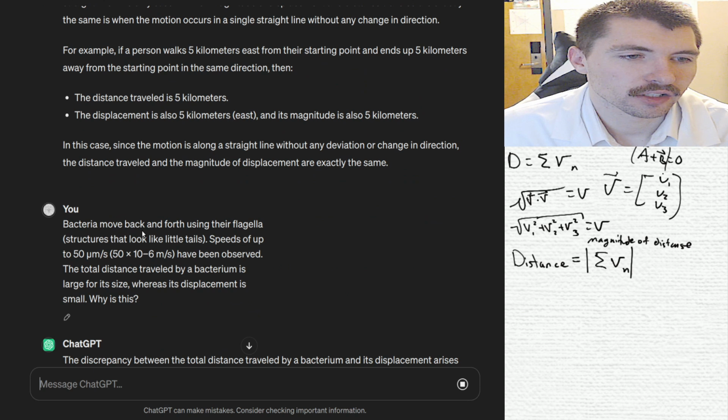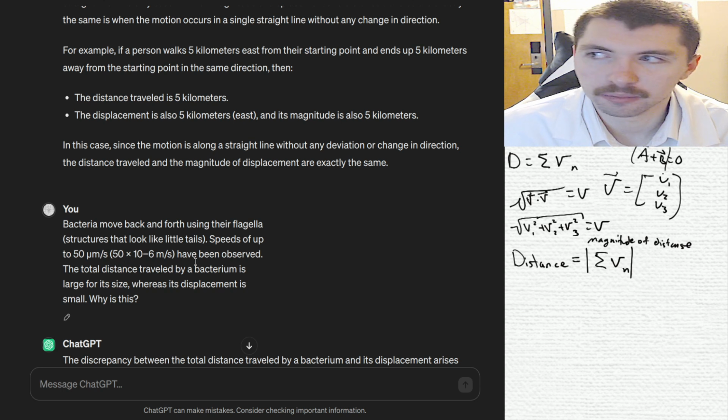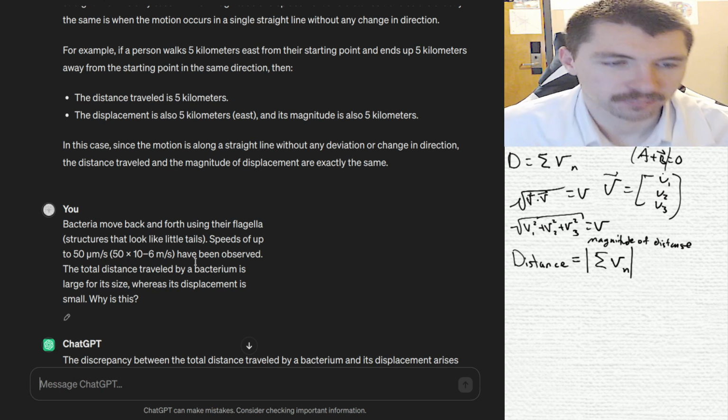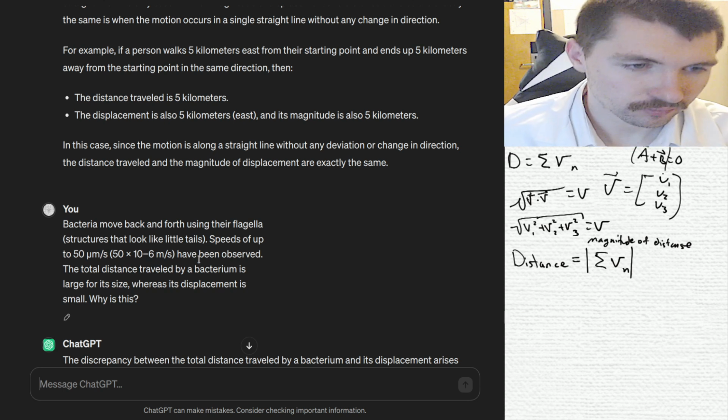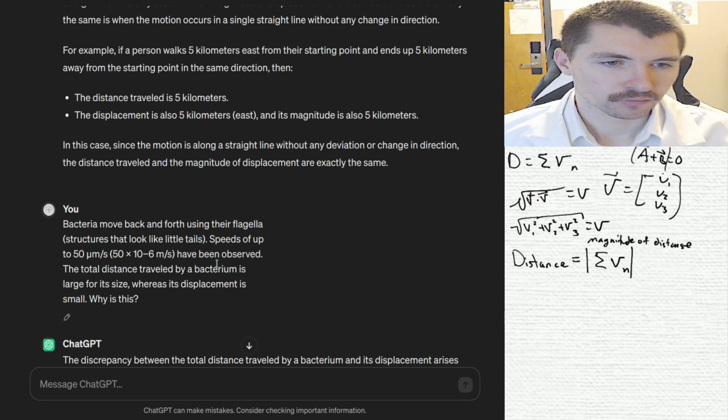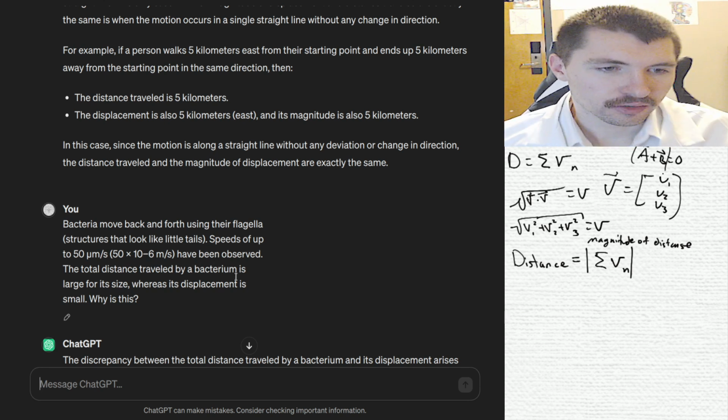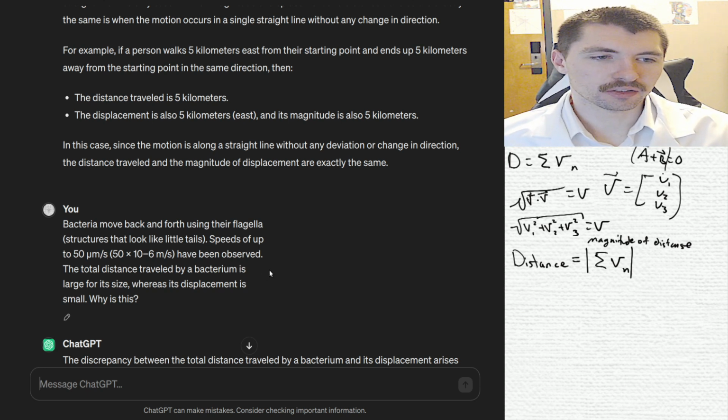So let's say a bacterium moves back and forth with its tails. Speeds of micrometers per second have been observed. The total distance traveled by the bacterium is large for its size, whereas its displacement is small. Why is this?